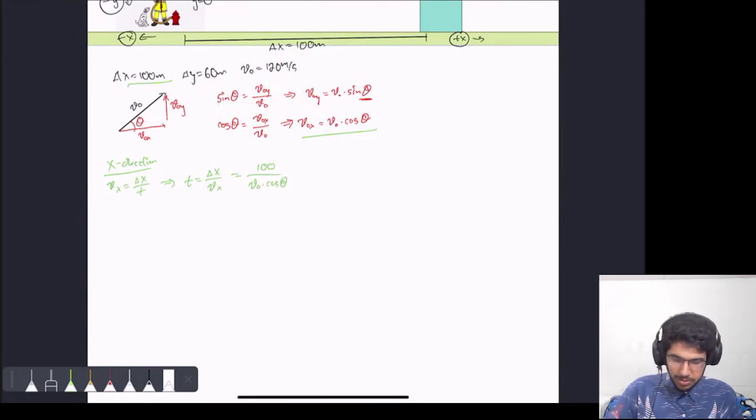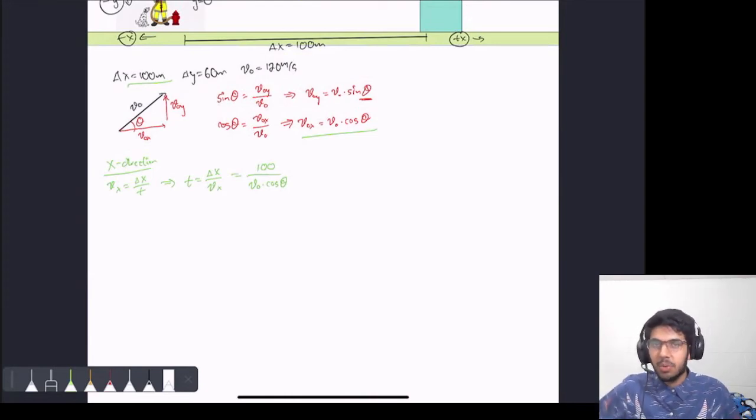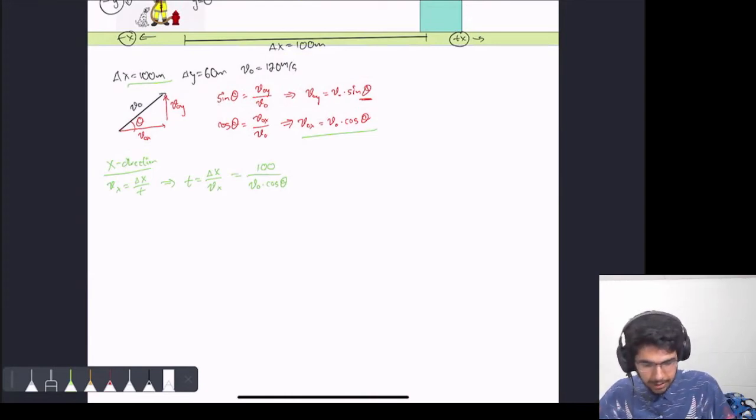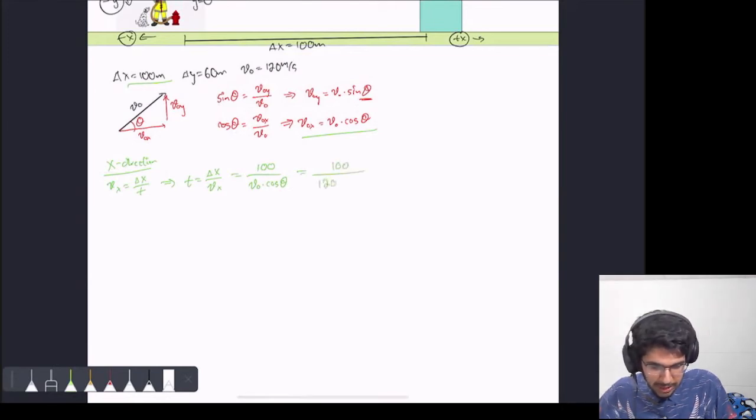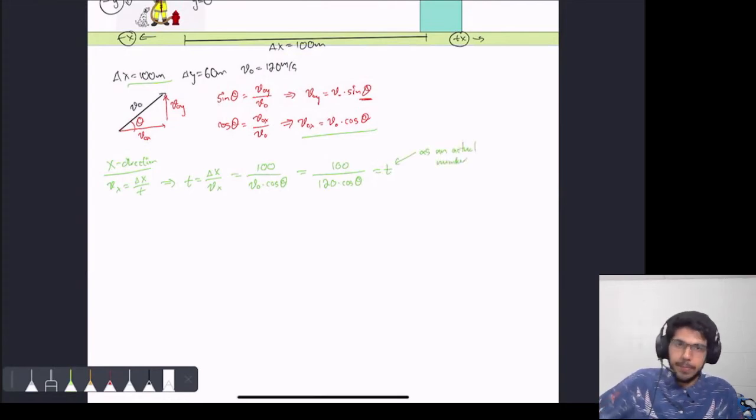So we don't really have the time as a number though, right? Let's simplify this a bit. This is 100 divided by 120 times cosine of theta, and that equals time. So if we can get this as an actual number, then we can solve for theta.